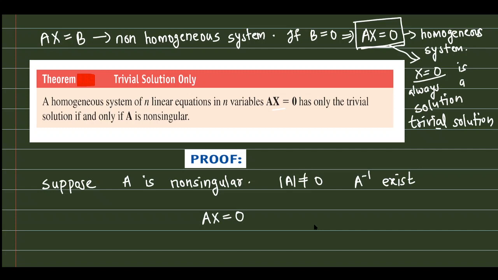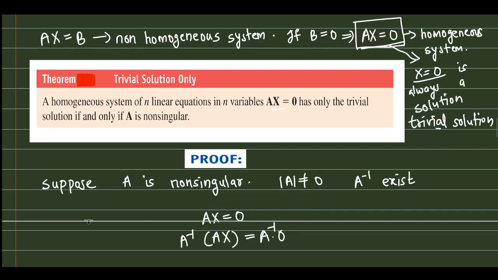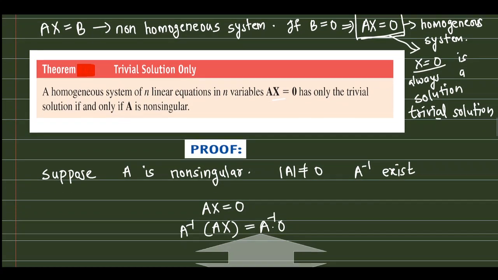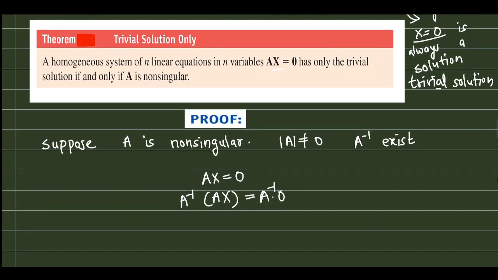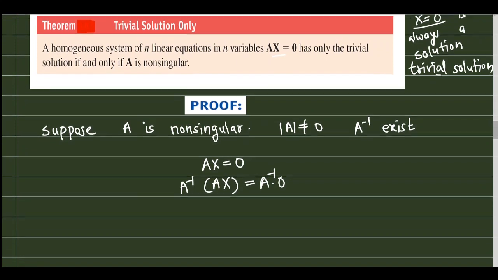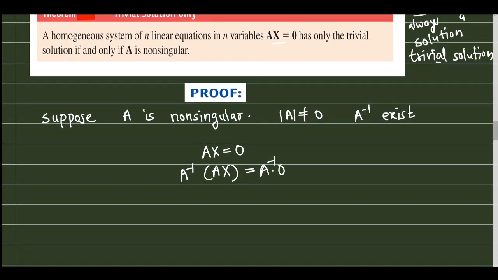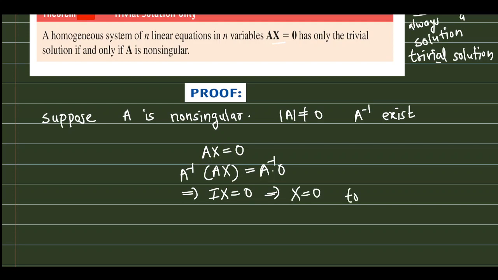We can multiply both sides with A inverse because A inverse exists. So we get A inverse Ax equal to A inverse 0. Now this implies that Ix equal to 0, which means x equal to 0. So x equal to 0 means it is the trivial solution.